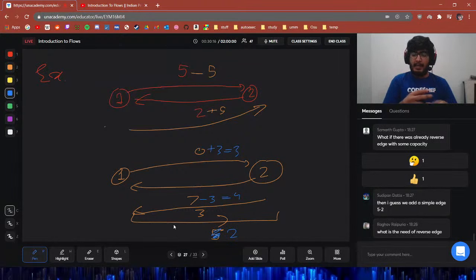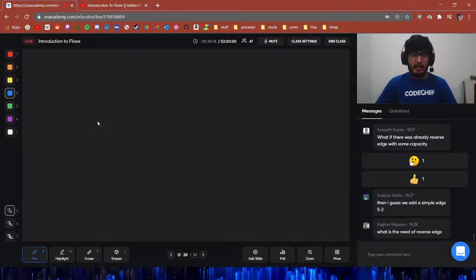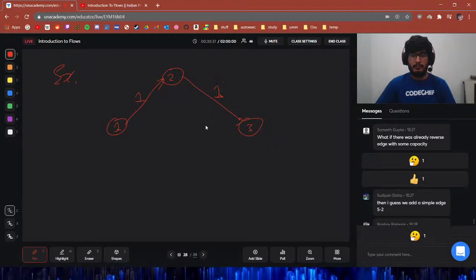Basically, let me actually think up of one example, right? Let's say this has a pipe of capacity 1. This has capacity 1 as well. I'm not sure of an example right now.